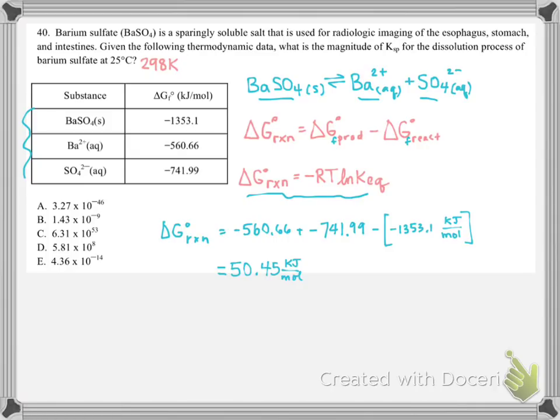Okay, so now we have our delta G, and we're going to plug into this delta G KEQ equation.